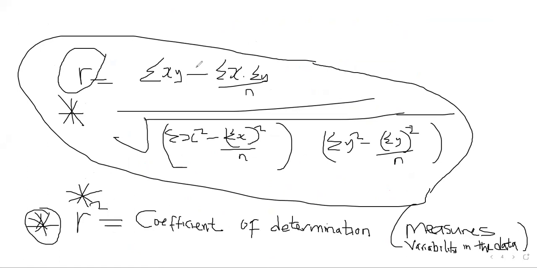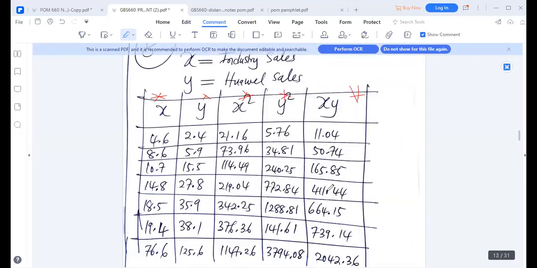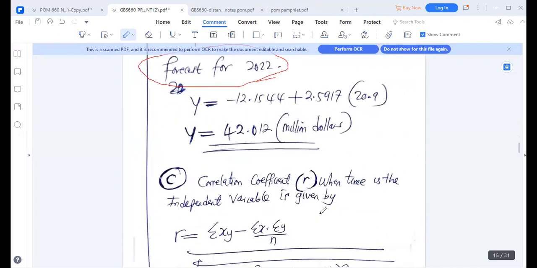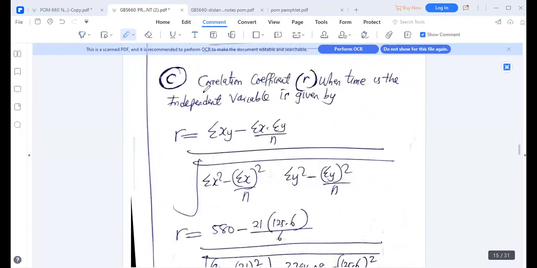All right. So now the coefficient of determination we are supposed to calculate based on part C. So the coefficient when time is the independent variable, as it is for the first one.